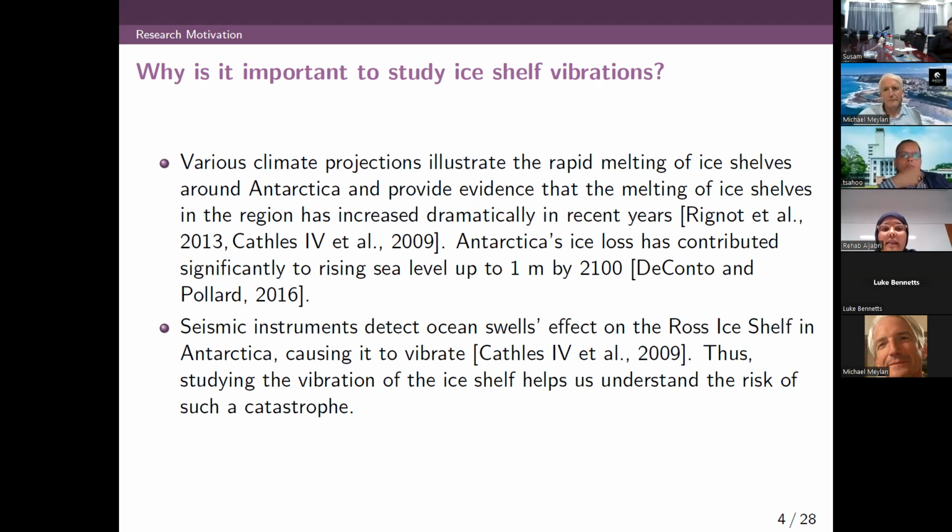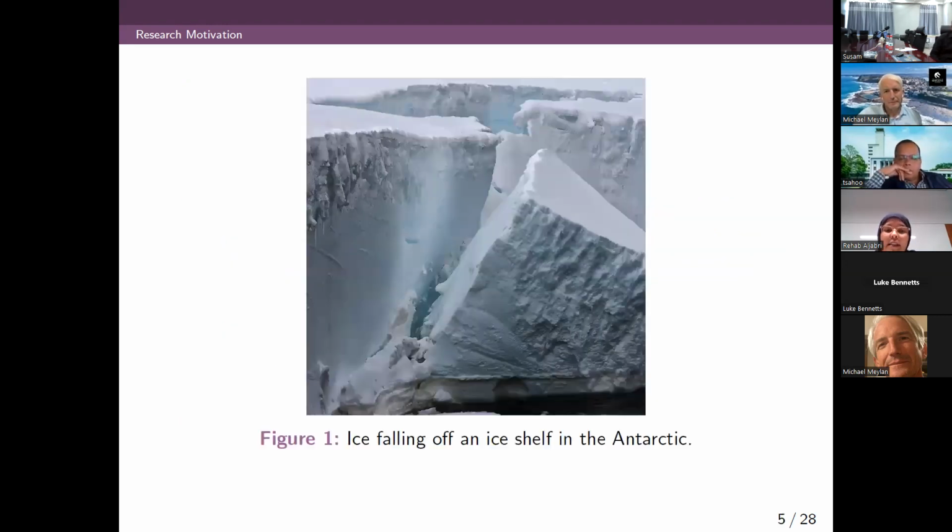Also, seismic instruments detect ocean swells affecting the Ross Ice Shelf in Antarctica, causing it to vibrate. That's why studying the vibration of ice shelves may help us understand the risk of such a catastrophe. We can see here a picture of ice falling off an ice shelf in Antarctica, and this may lead to raising the sea level.